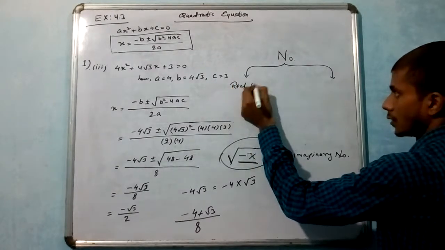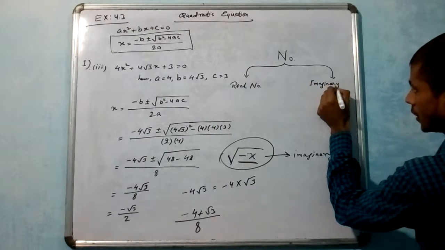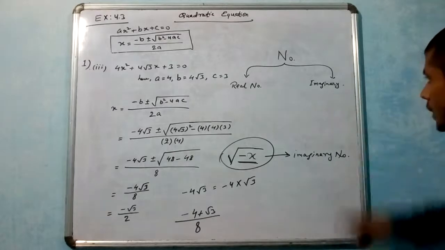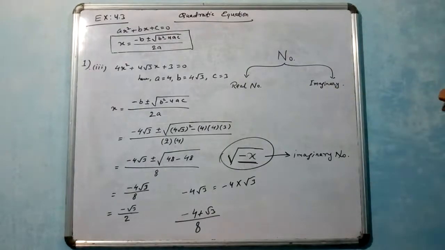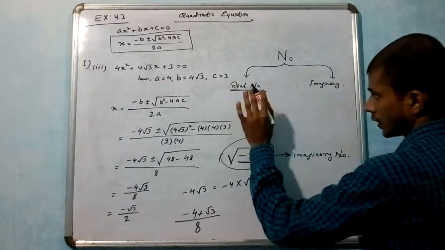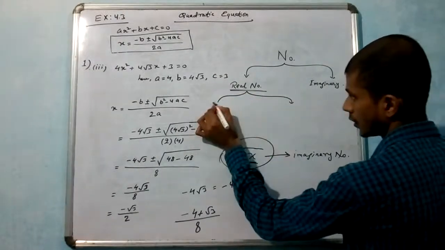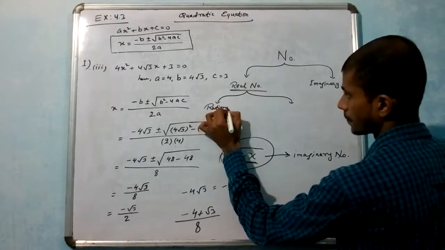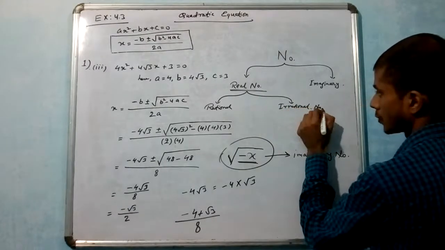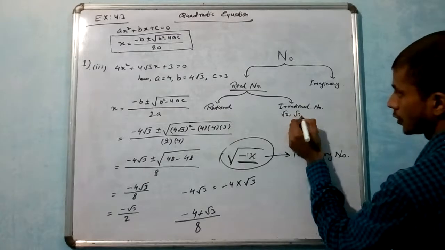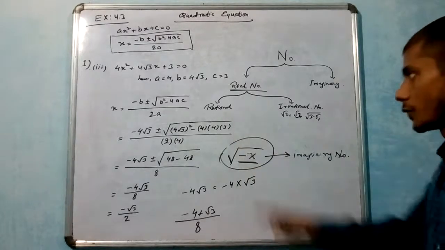All the numbers can be broadly classified into 2 types: real numbers and imaginary numbers. I had told you in 9th that imaginary numbers we will be studying in 11th standard, where we will first be introduced. Whatever types of numbers we have studied till 10th all come under real numbers: rational numbers, irrational numbers like root 2, root 3, root 5, and rationals in the form of p by q.